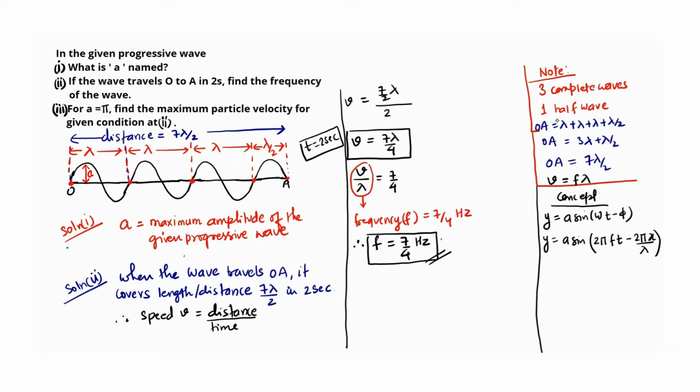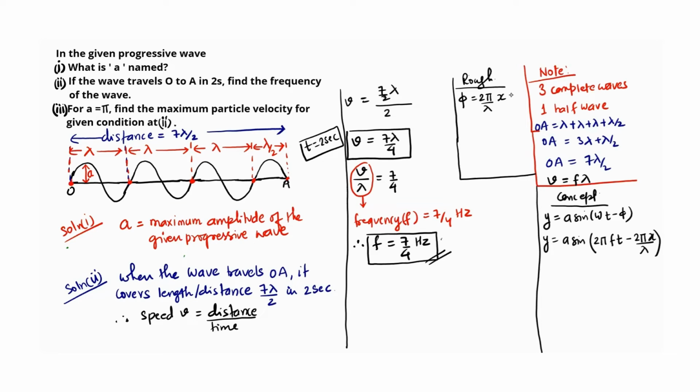How? We know, let me do some rough work over here. We have this relation: phase phi equals twice pi by lambda times path difference.